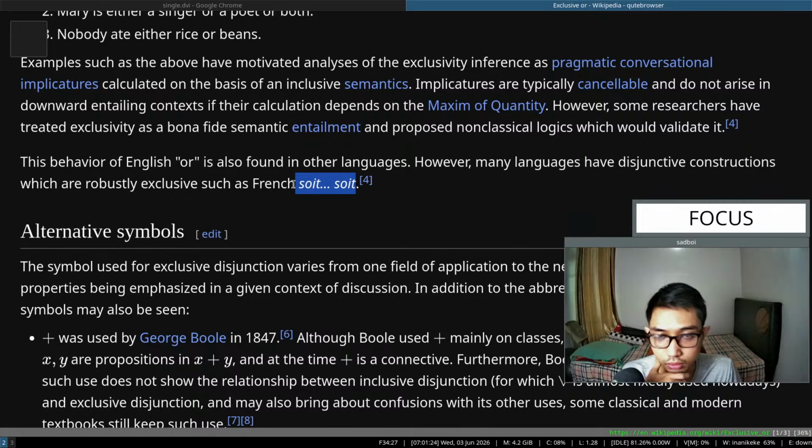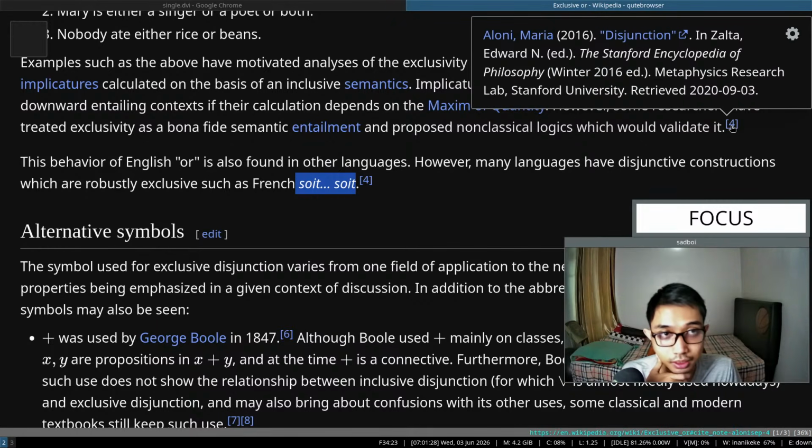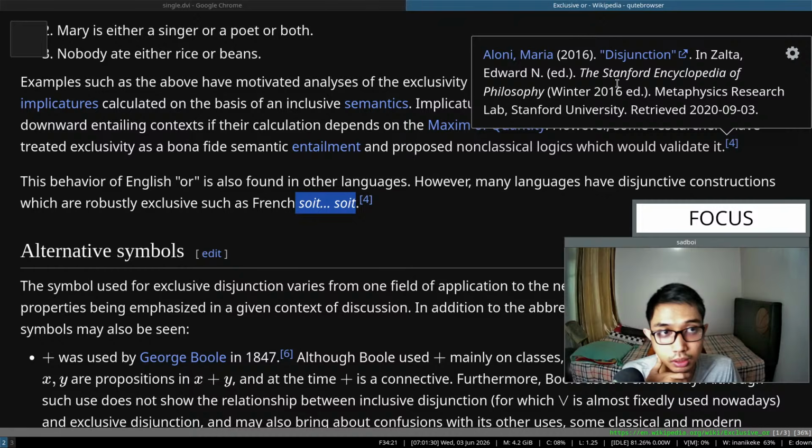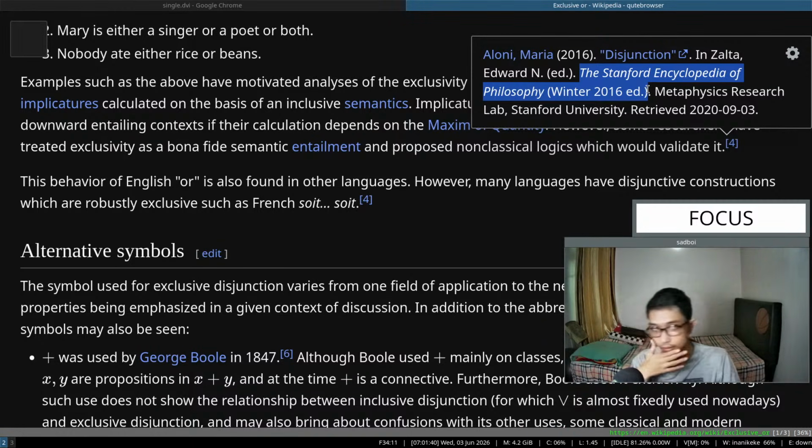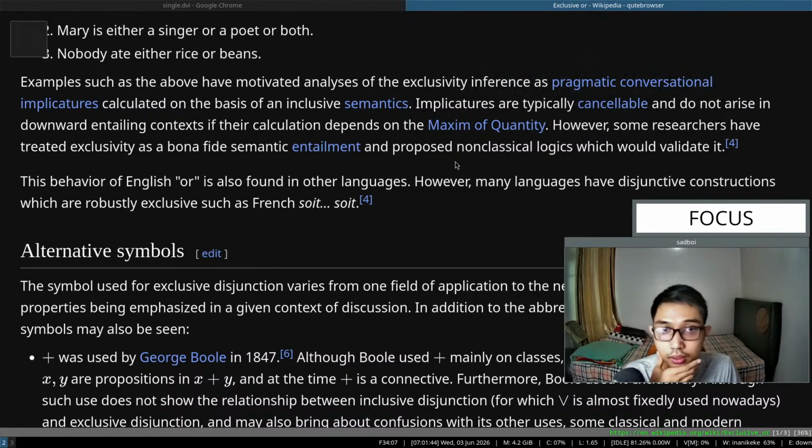So I'm not sure how to pronounce this. Let me check. Oh, okay. Encyclopedia of Philosophy. Interesting.